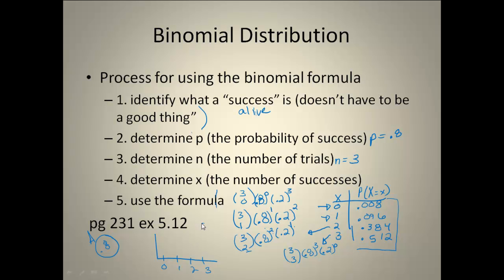You're going to expect most of your probability to be up here with the 2 or 3, because you have a better chance of being alive. It's not a very good chance that 0 people are going to be alive, so that's going to give us that type of graph, which would make it left skewed.